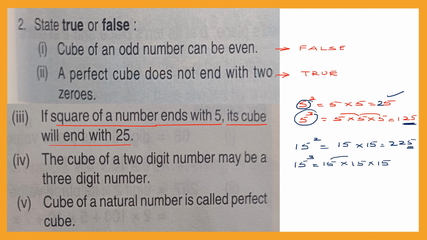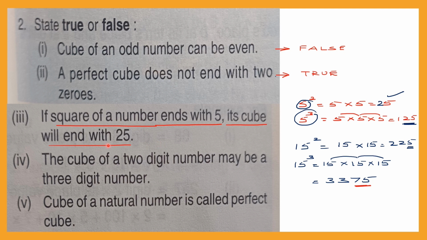So 15 into 15 is 225. 225 into 15 is 3375. Now is this ending in 25? It's not ending in 25. Okay, so this statement is not true. If the square of a number ends with 5, its cube will end with 25, it says, which is not true because in some cases it will end with 25, but in some other cases it will not end with 25.